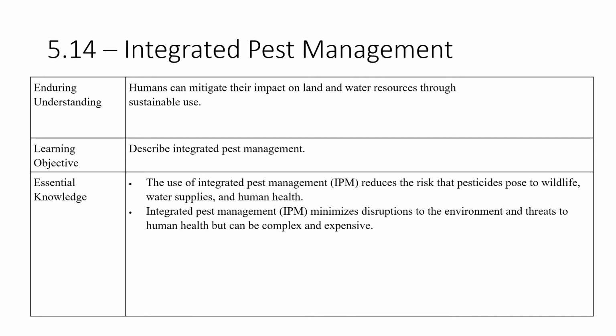Integrated pest management, again, is just reducing pests to an economic level that you can deal with. So you have some loss of crops, but you're still okay with it economically without using pesticides.